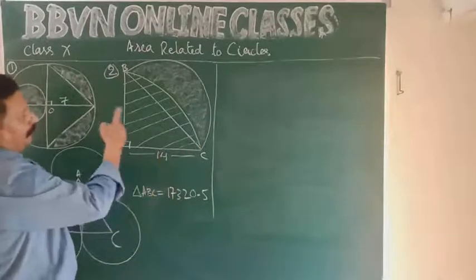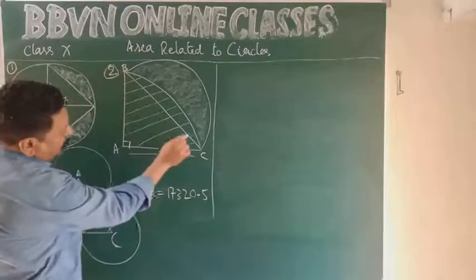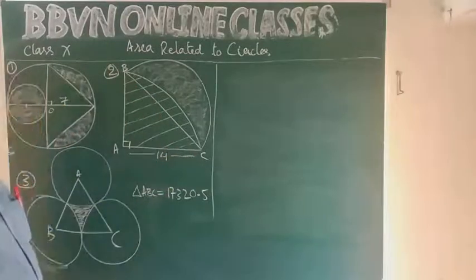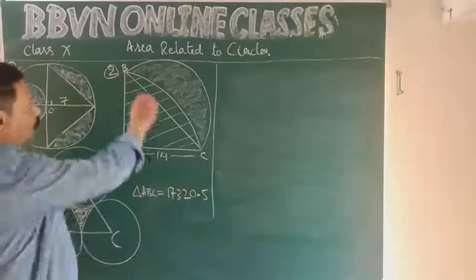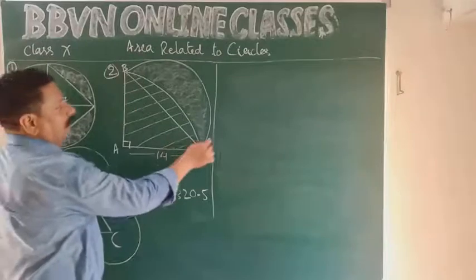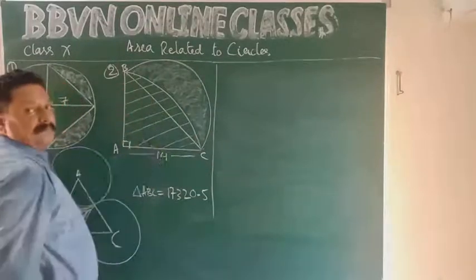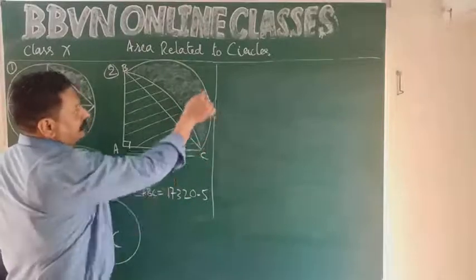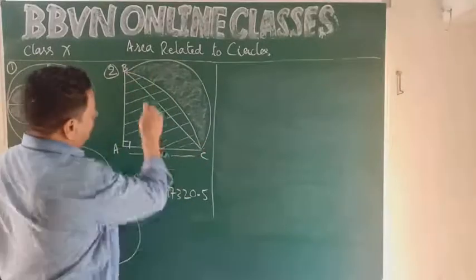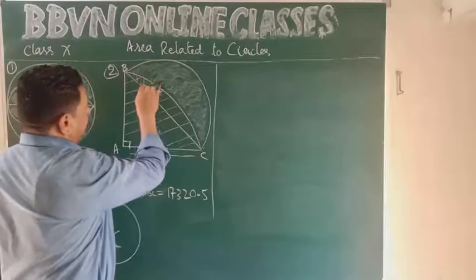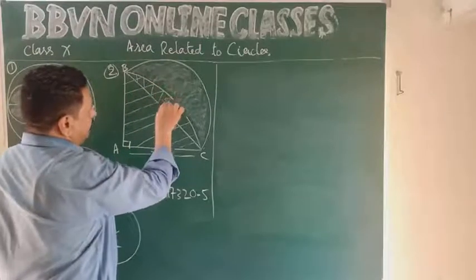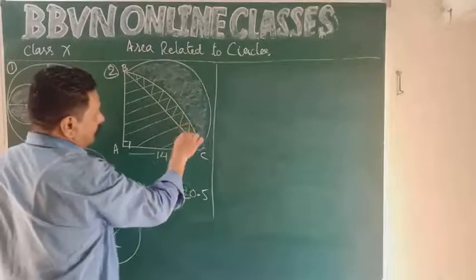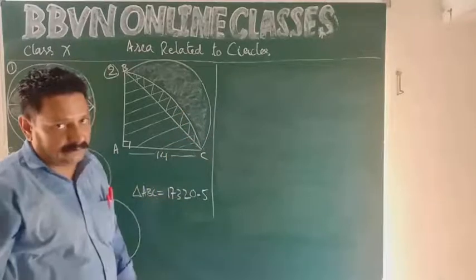Now, this is a chord in this quadrant. What is happening? On this chord BC, we have a semicircle. Now, the required region, the shaded region, is the area of this semicircle minus the area of this segment. That will give us the area of the required region.